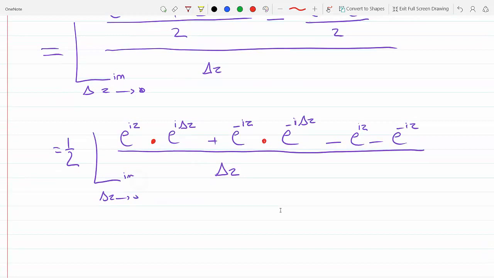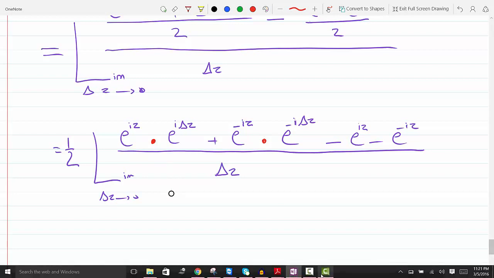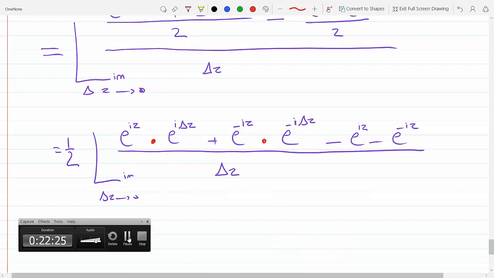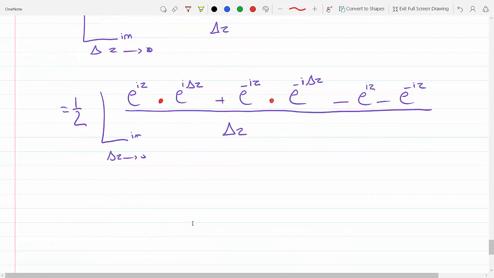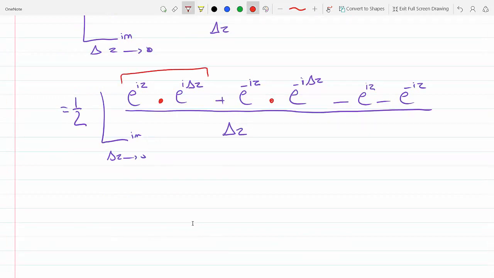So we're going to collect the ones that have iz, this one and this one together, and we will collect together the ones with minus iz.